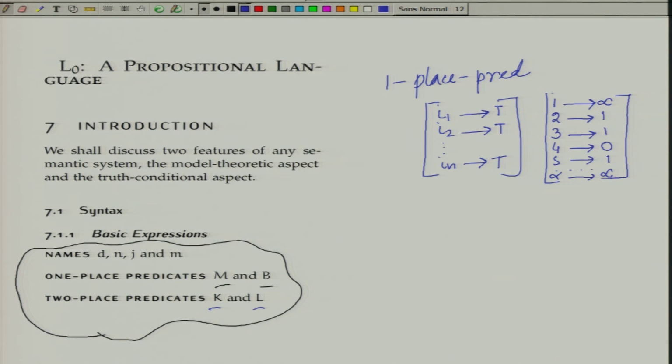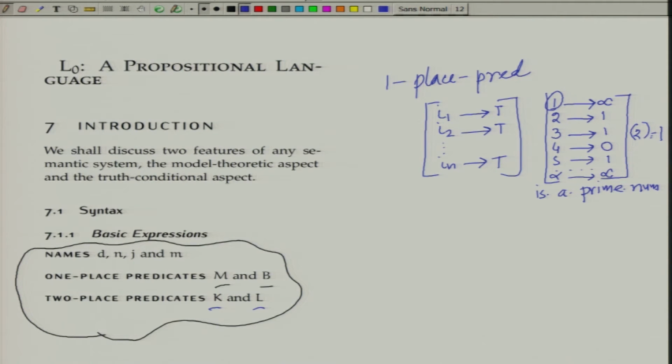You can check whether 1 is a prime number or not. I am just showing you the possibilities. Some things may have this mapping also, but it does not matter. Now, you give it 2 as an argument, it will yield 1. So, what is the predicate? The predicate is a prime number. We can see that it is a 1 place predicate.